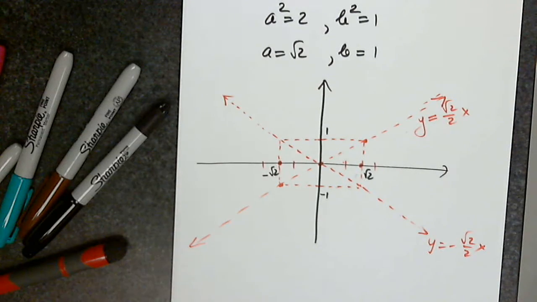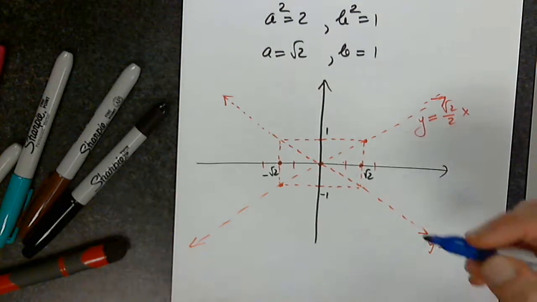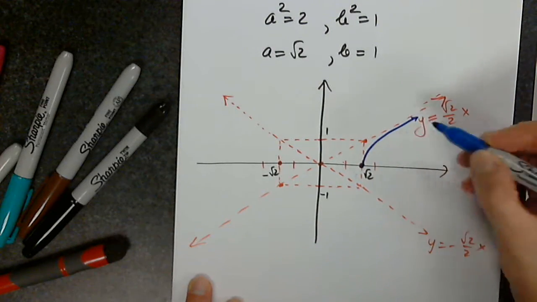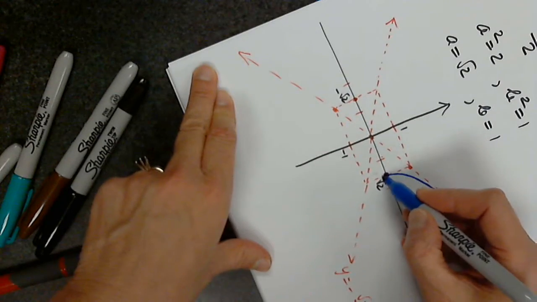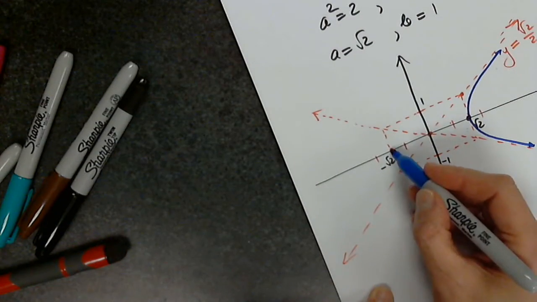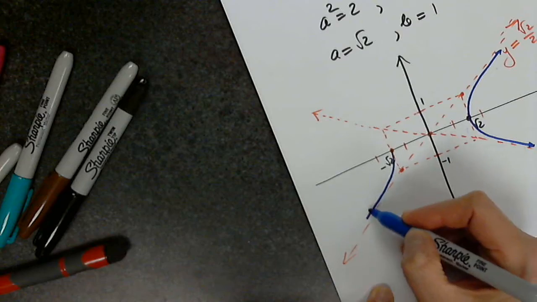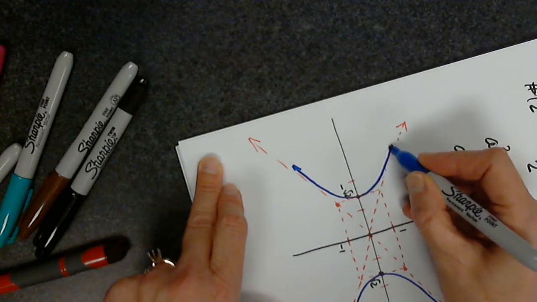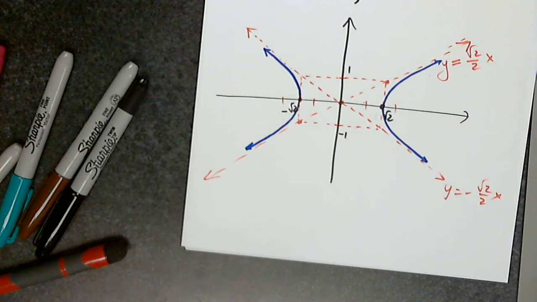Ready to graph the hyperbola? So this is the vertex. As you see, it's not a function, as we promised. You know that. So we are asked to find the vertices.